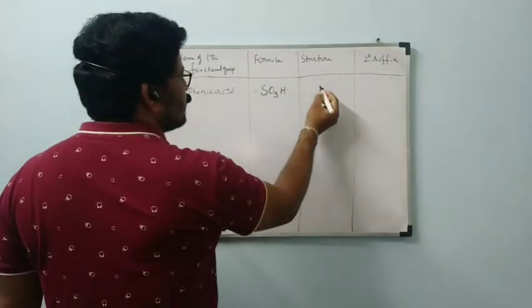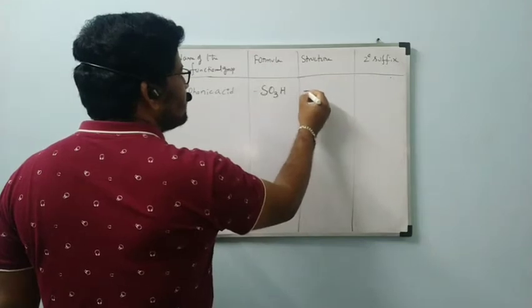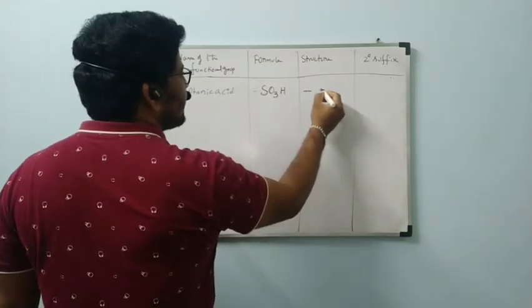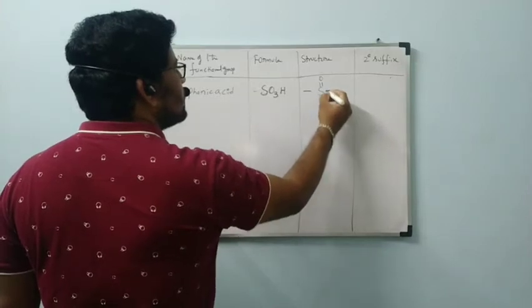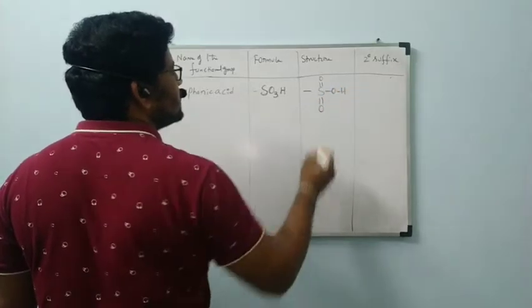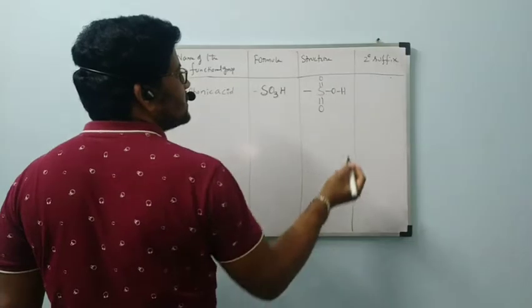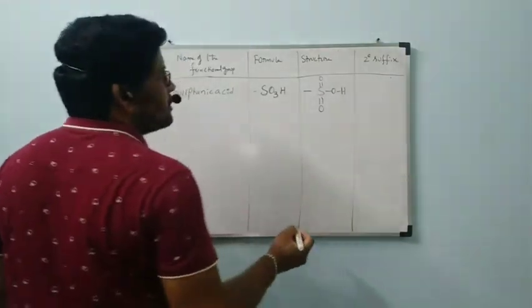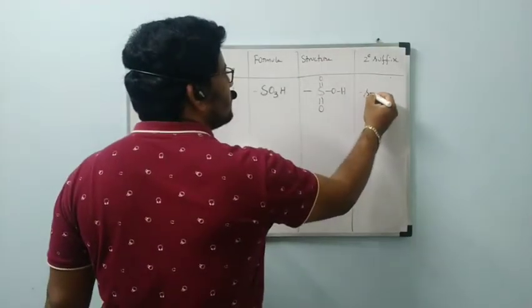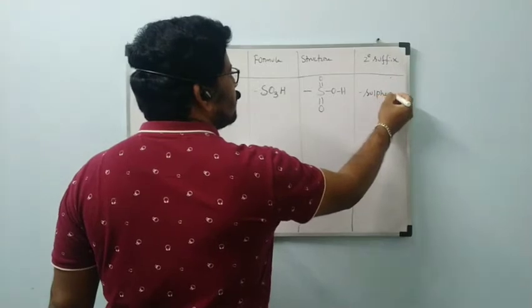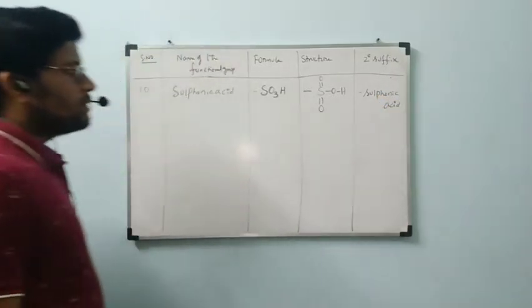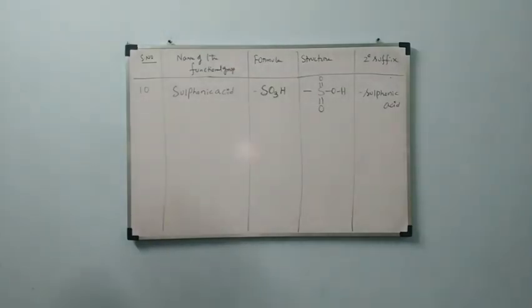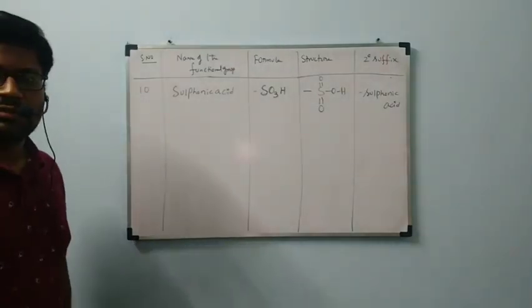Structure like this we will write: S double bond O, double bond O, OH. That is SO3H. Secondary suffix: sulfonic acid only. But this one we will get very rarely. Okay? Tenth functional group, sulfonic acid.